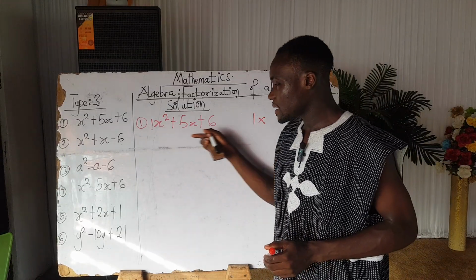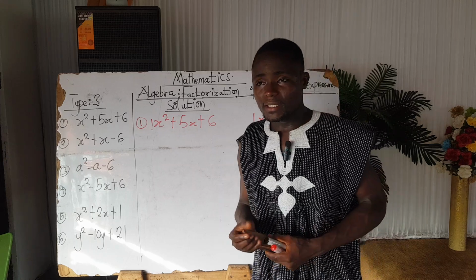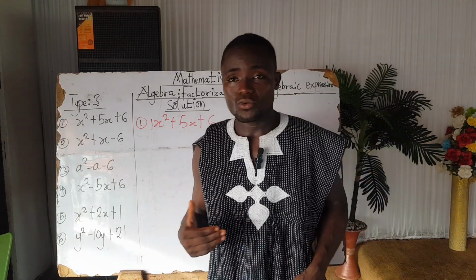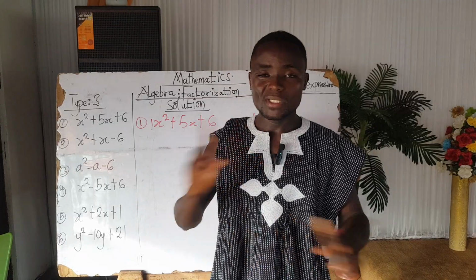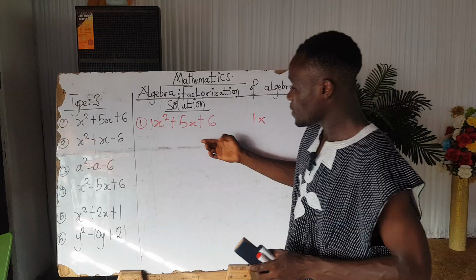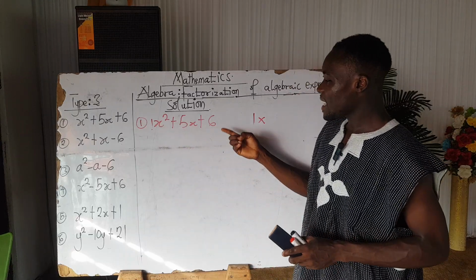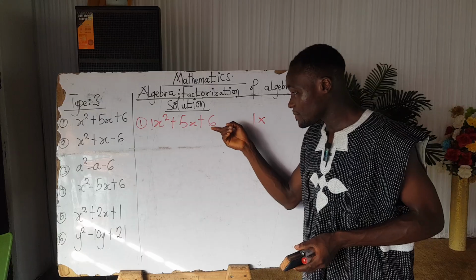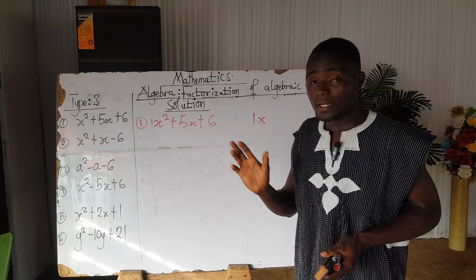There is a constant in this expression. What is the constant here? When we say constant in algebra, we are referring to a number that stands on its own, a number without any variable attached to it. If you look at this expression, we have a number with no variable, and the number is 6. So 6 becomes the constant because there is no variable attached to it.